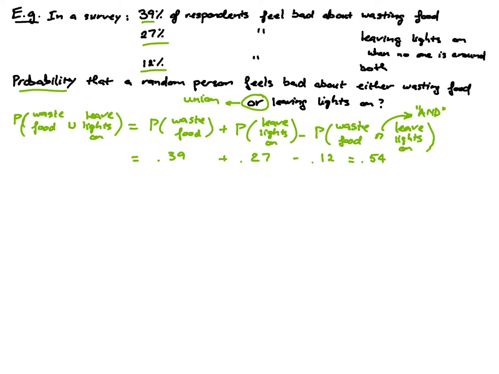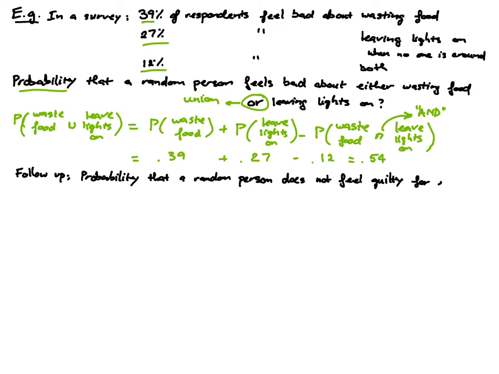Now let's do a follow-up problem. We want to find the probability that a random person does not feel guilty for either of these reasons.